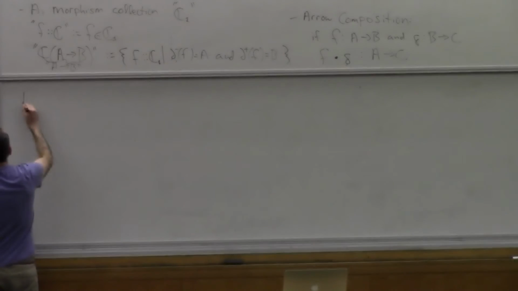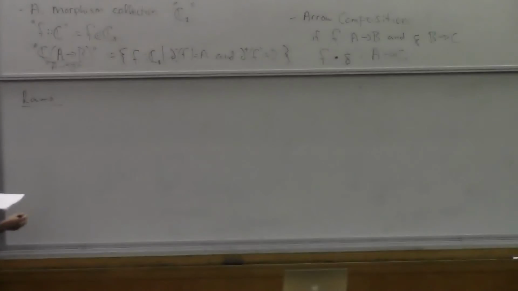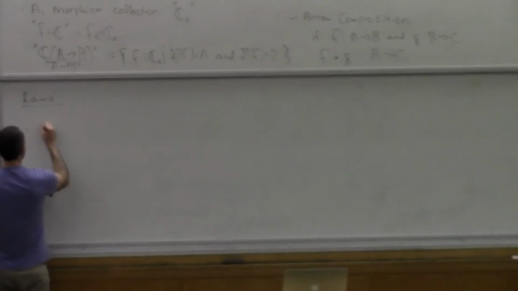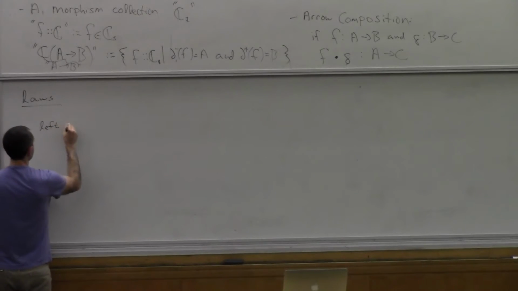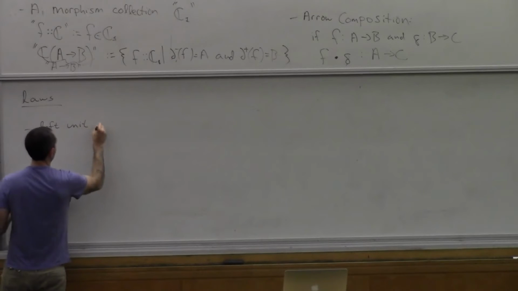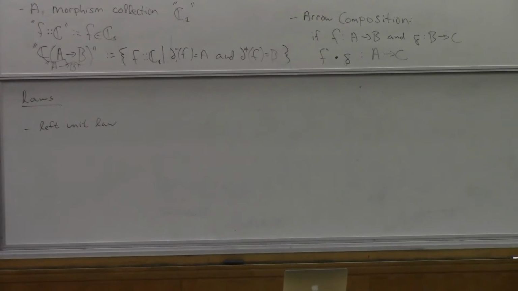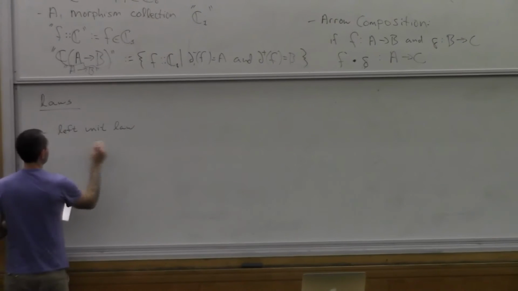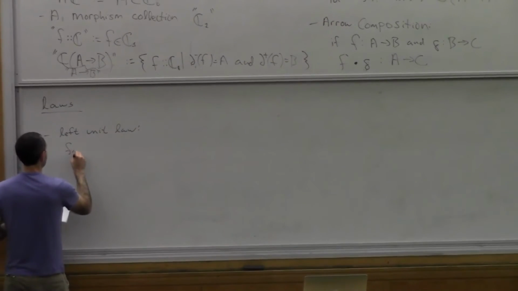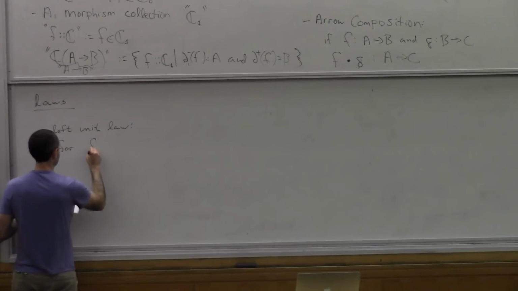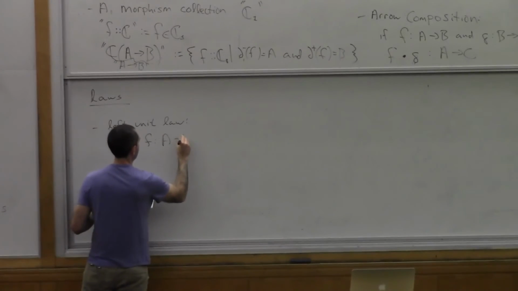But now there's also some laws. So I wrote data there, so now I write laws. And so the first law is the left unit law of composition. And this says, for an arrow F from A to B, right?